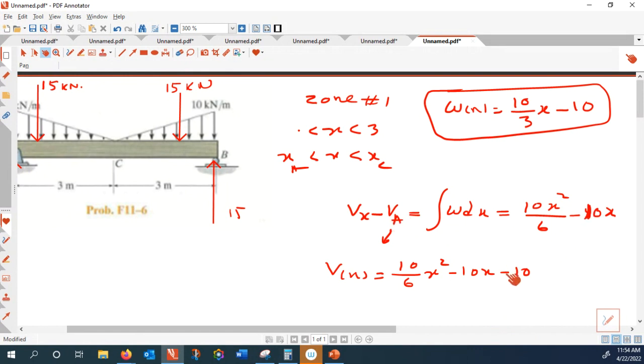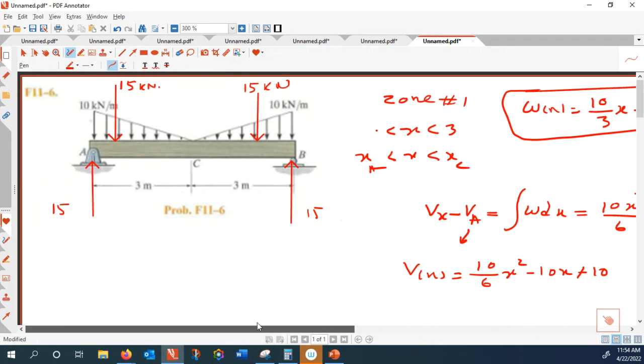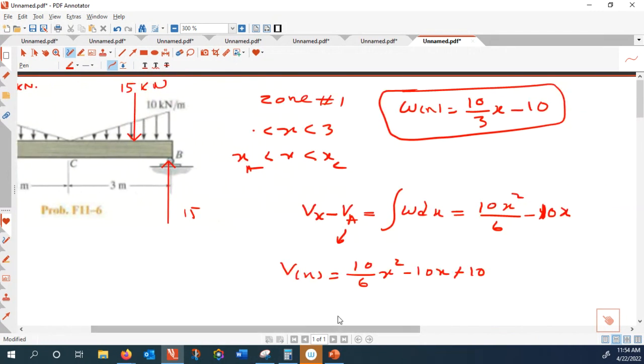That becomes minus. You're right. So that is minus, this side is positive. Sorry? 15, yeah, 15. But 15 is correct.